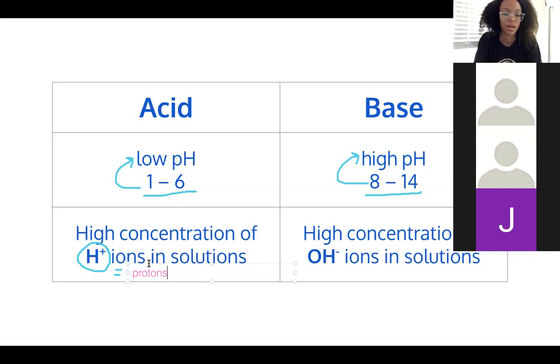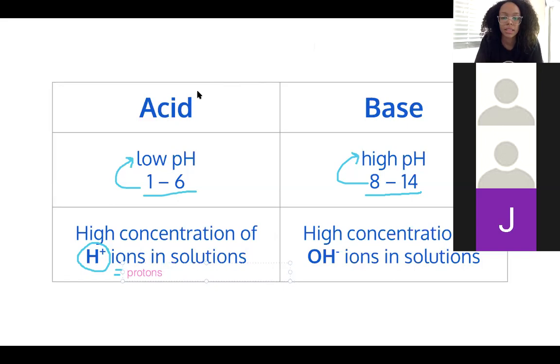The reason for that is because a hydrogen atom is one proton, one electron. H+ means it's positively charged. It lost its electron, so what's left is just one proton. So H+ and proton is literally the same thing, okay? So we can say the solution is full of protons.